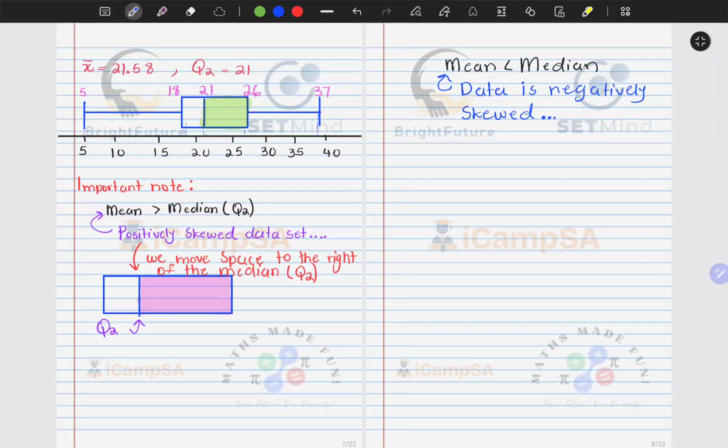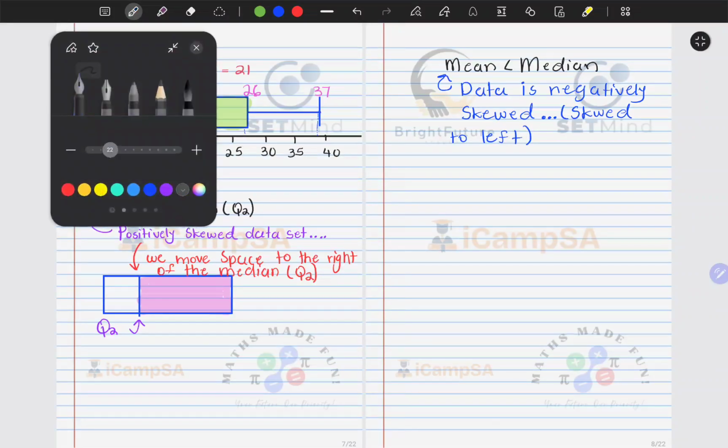What that means is it is skewed to the left. What does it mean? It means we have more space to the left.